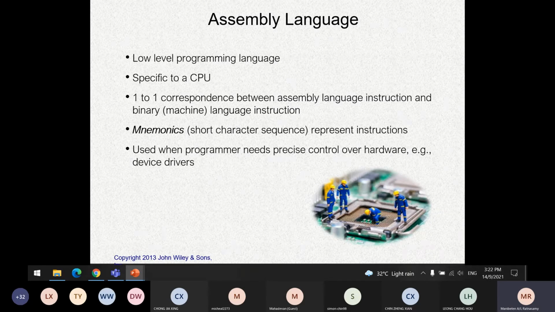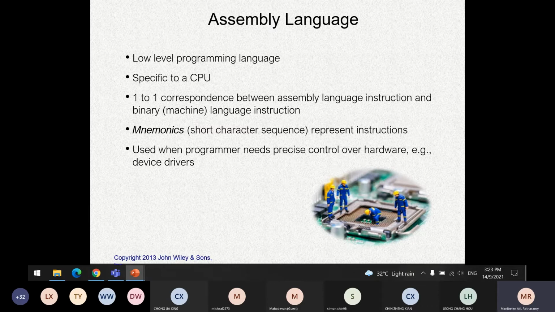And it is a one-to-one correspondence between assembly language instruction and machine instruction. It's one-to-one. That means if you have one instruction in assembly language, it will be converted to one instruction in machine language. Not like what we have today.